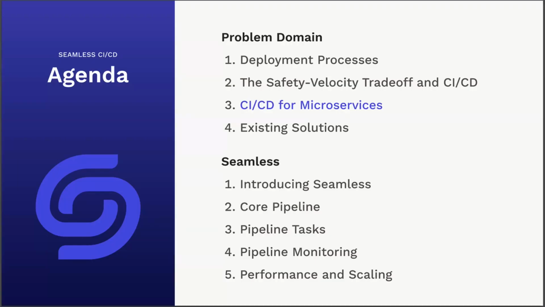So far, we've talked about deployment processes, what CI/CD is, and how CI/CD pipelines can be adapted to meet these different speed and safety goals. Now let's talk about how they can be adapted for two different application architectures, monoliths and microservices.